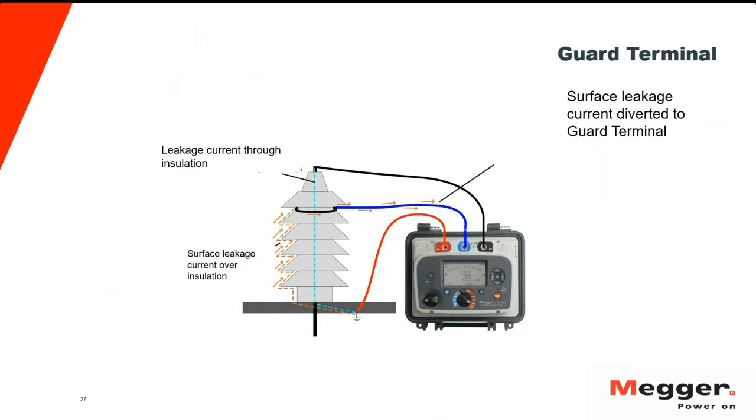It is the same purpose as your security guard, if you have one in your establishment, who doesn't want to allow anybody or anything to get inside because it's not allowed. So all the current that is passing through the surface leakage will be captured by the guard terminal, and it will be subtracted from the total current that is being measured, so that you can only have the pure resistive or the insulation resistance from the terminal to the tank of that bushing without the surface leakage.